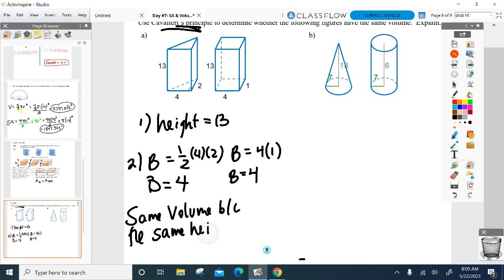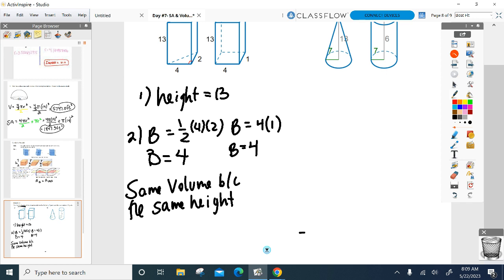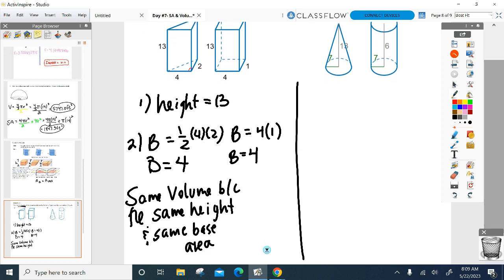And that's what Cavalieri's principle says. You don't need to calculate the volumes. You can just have the same height and same base area, sorry, not volume, base area. As long as they have the same height and the same base area, you're good.